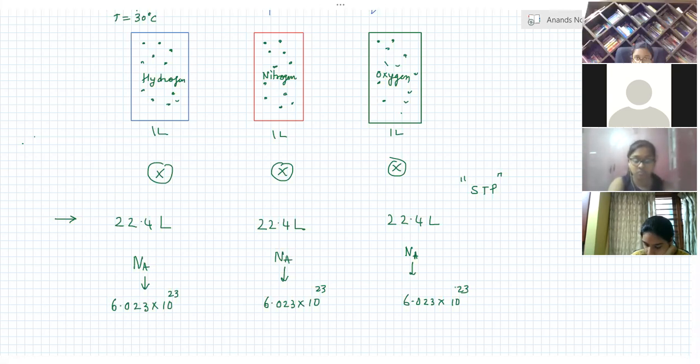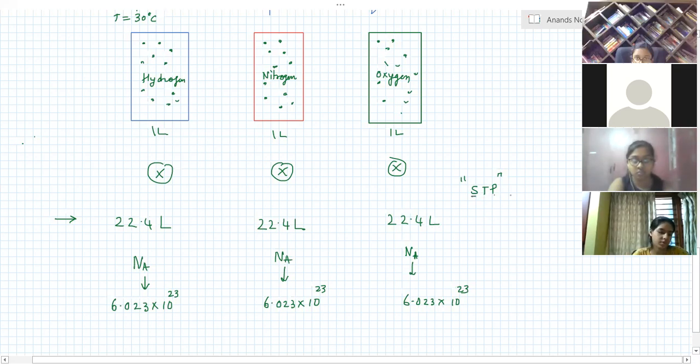Equal volumes of all gases under similar conditions contain the same number of molecules. Now suddenly they say you take it as 22.4 liters of any gas at 0 degrees centigrade, 1 atmospheric pressure, which is also called STP. They will all contain, you were telling X, no? Now that X has a value, 6.023 times 10 raised to 23. That is called Avogadro's number.